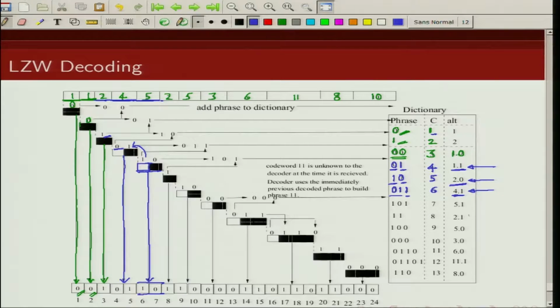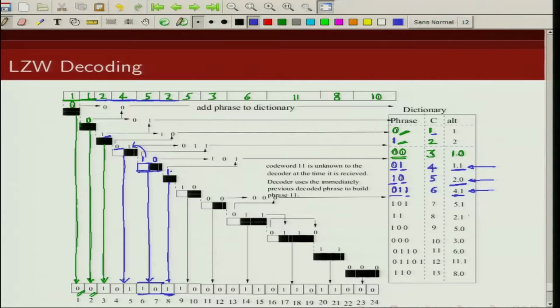Alright. Now the next received code word corresponds to binary coding of 2. So what is 2? 2 is just 1. So this 2 will be decoded as 1. Now the innovation symbol here is 1. The previous string was 1, 0.